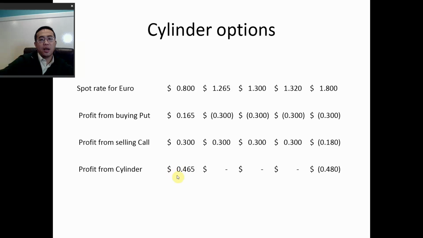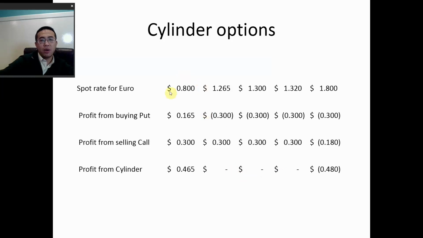And here is the profit from the entire standard option strategy. What we really want to focus on here is if the spot rate stays stable from 1.265 to 1.30 to 1.320, which does not go very low or go very high, you make no profit.